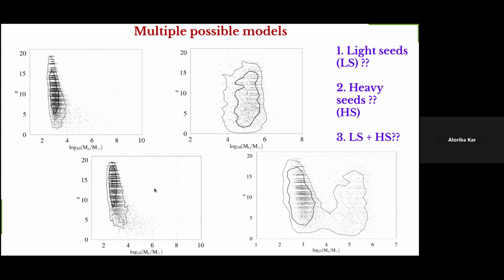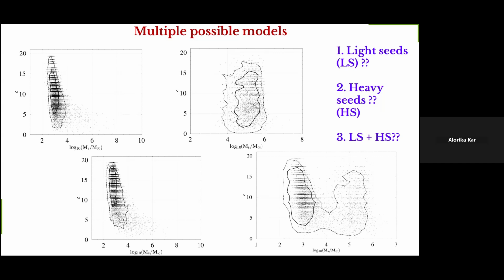There are various other variations in this light seed scenario itself. These are all simulations where people simulate the dark matter halos, then simulate the galaxies and the star formation in them. Then they have black holes in them and simulate how they grow, evolve, and merge with each other.